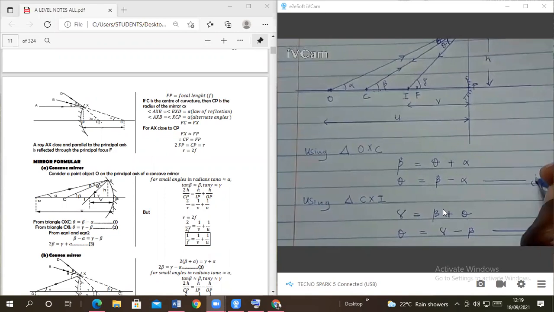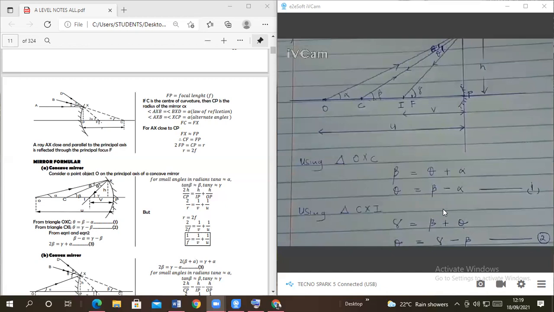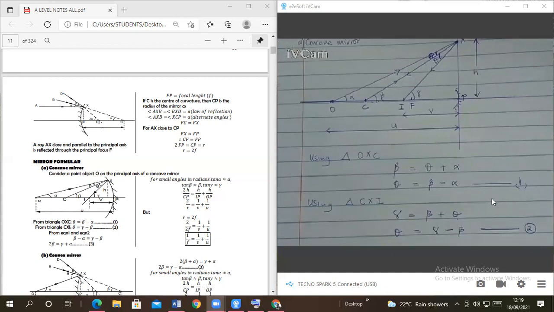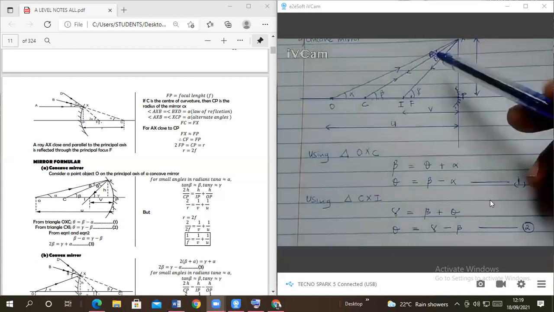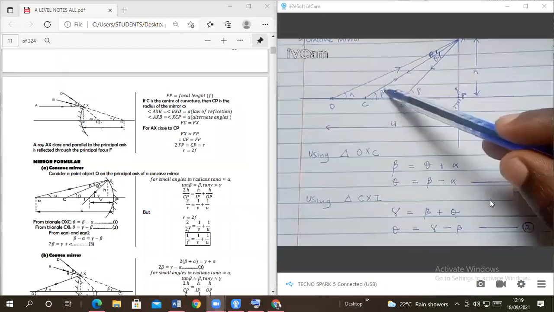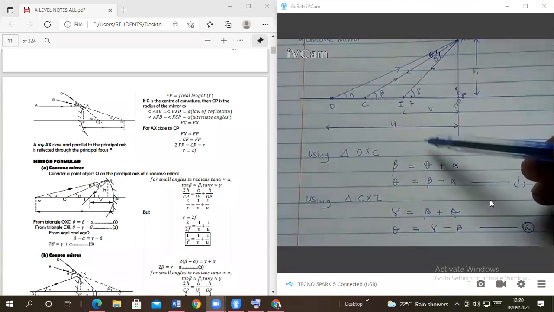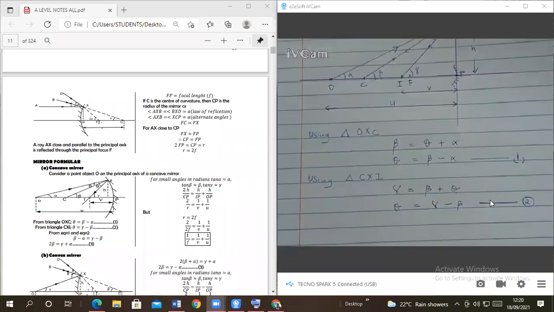Now, for you to derive this, you have to find this theta in terms of beta and alpha, and also find this theta in terms of beta and gamma. And then afterwards, we are going to equate those two equations.